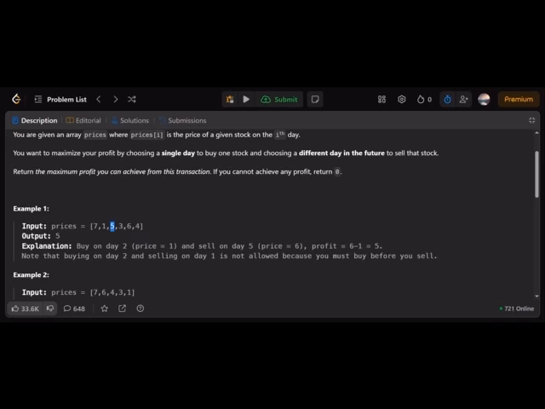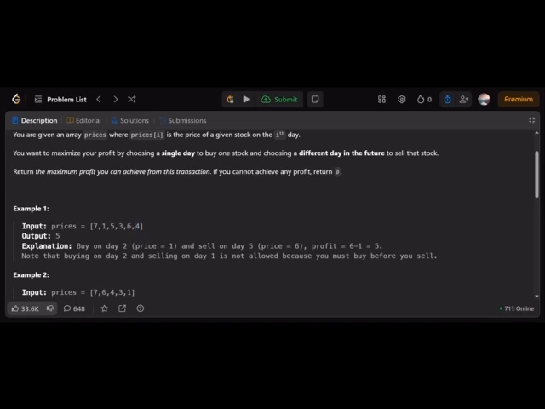If I buy it for 5, then I sell it on the next day for the price of 3, or 6, or 4. And this continues. I buy it for 3, I sell it the next day for 6, or 4. I buy it for 6, and I can only sell it the next day for 4.